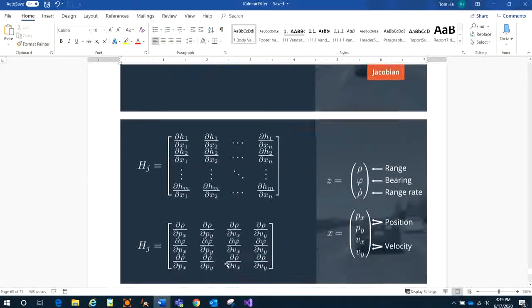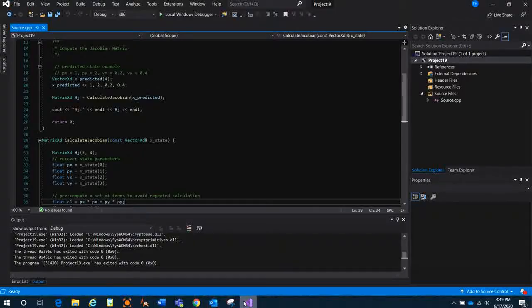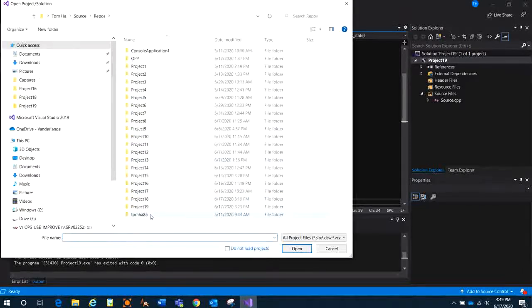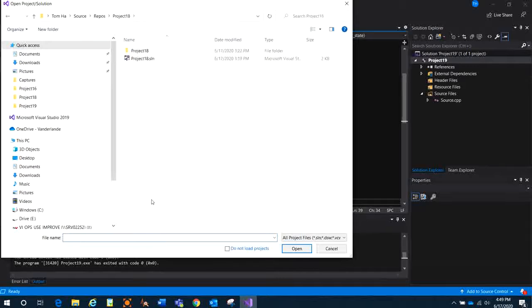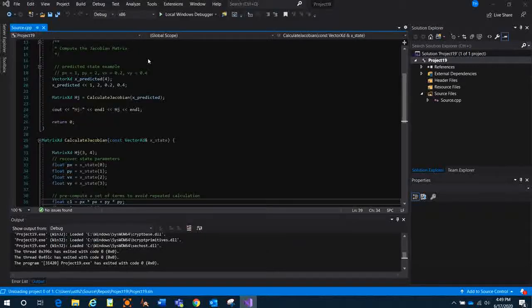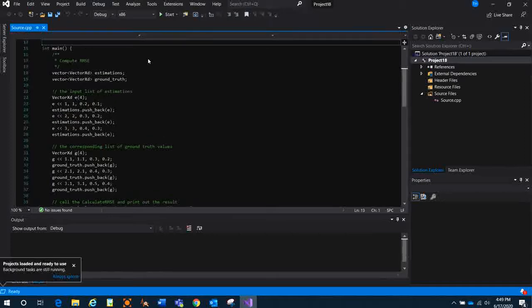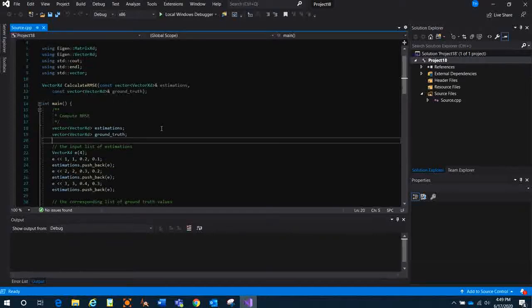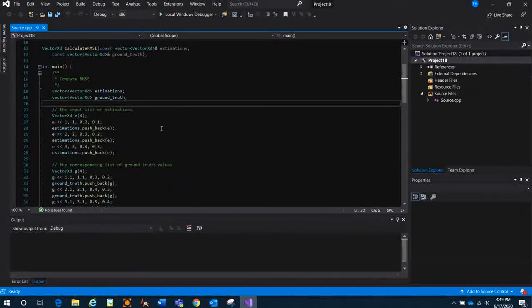And one more thing I want to show you is right here. Here we calculate the root mean square error. It means the difference between the value we estimate and the ground truth, the real value, showing how accurate the Kalman filter is, right?